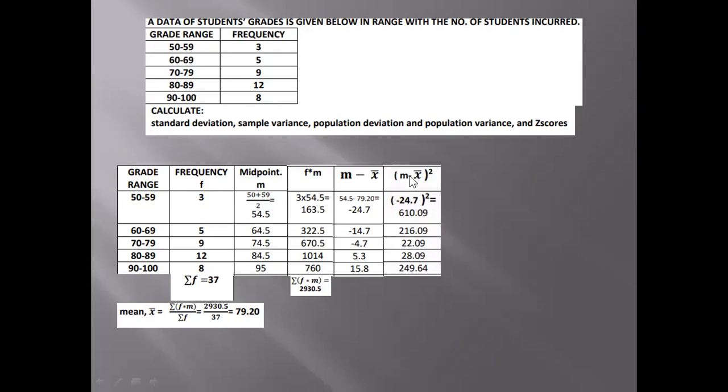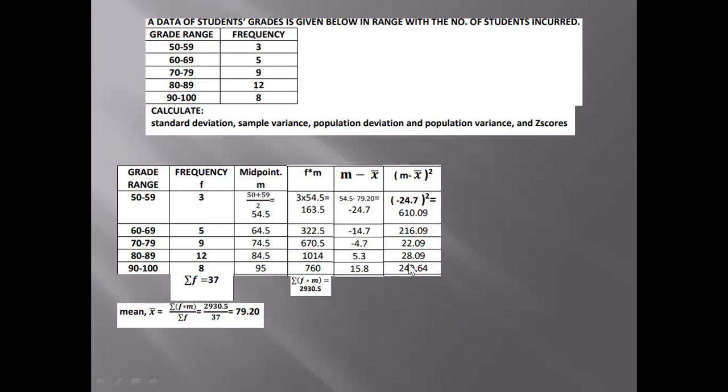For the sixth column, whatever values you get at the fifth column, you're going to square individually. Negative 24.7 squared gives us 610.09. Negative 14.7 squared gives us 216.09, and the square of negative 4.7 is 22.09.